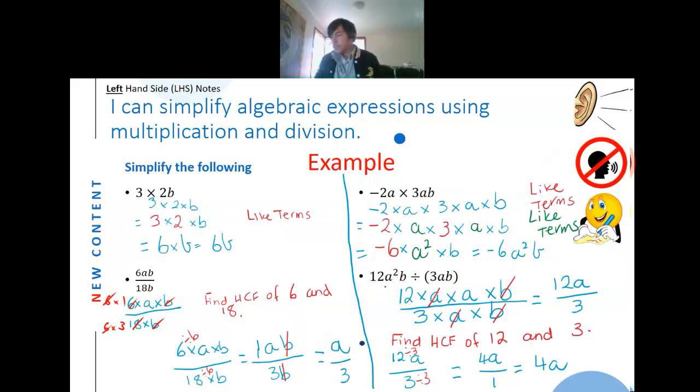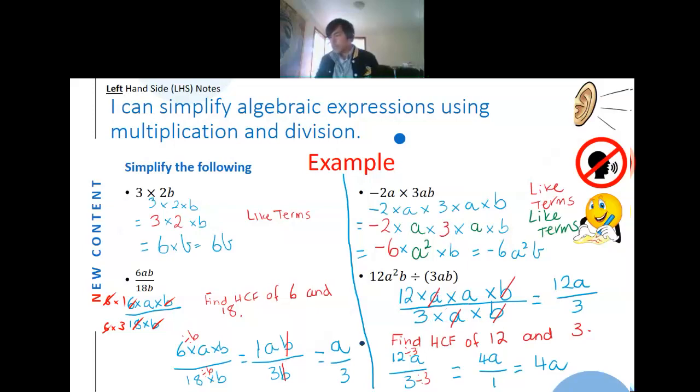Then moving on here, we've got 12 a squared b divided by 3ab in brackets. Now remember that another way to write division is to write it as a fraction. So let's do that. So we have 12 times a times a times b over 3 times a times b.